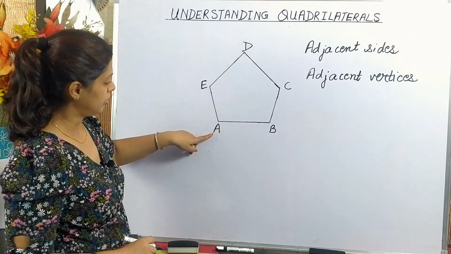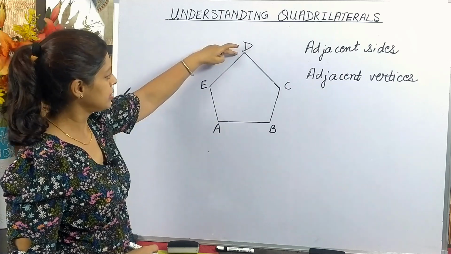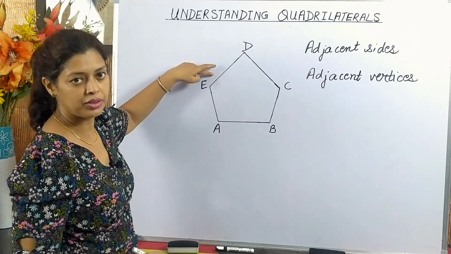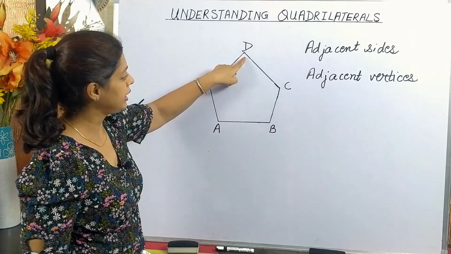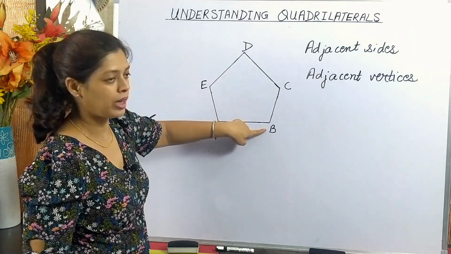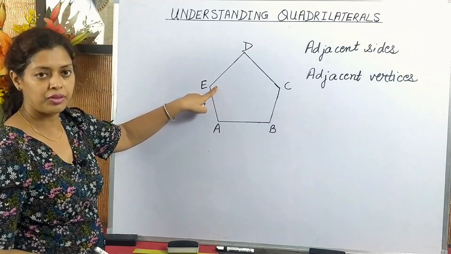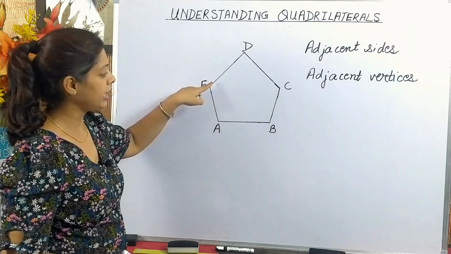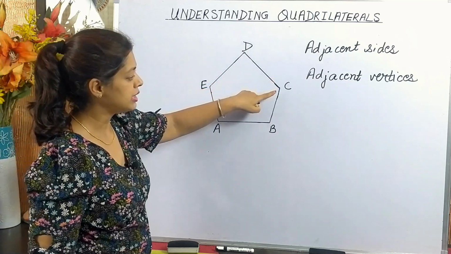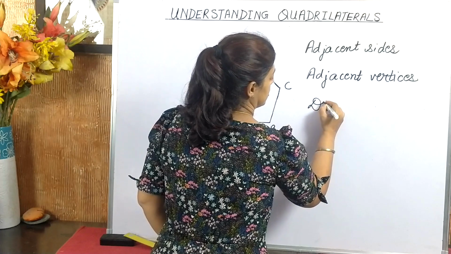So over here we can say that D and E are adjacent vertices because they are endpoints of the same side of the polygon. Similarly, D and C are also adjacent vertices. C and B are also adjacent vertices. But C and E are not adjacent vertices because C and E do not lie on the same side of the polygon. Then we have the diagonals.